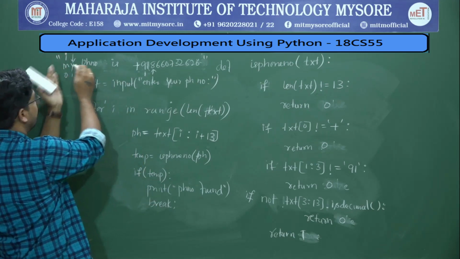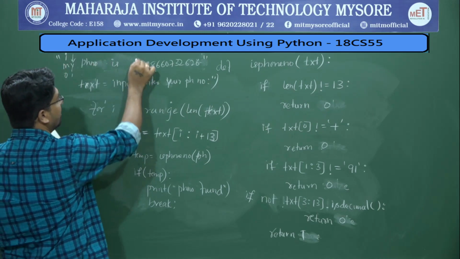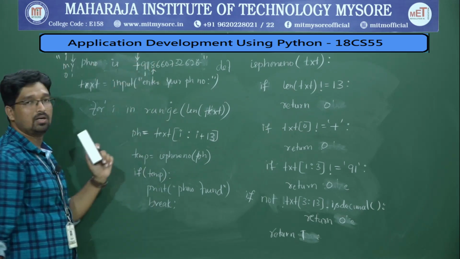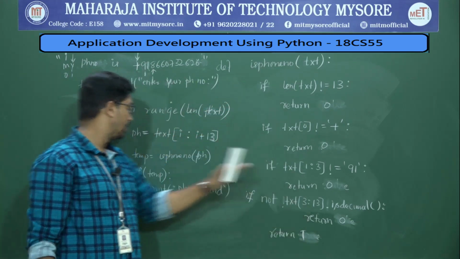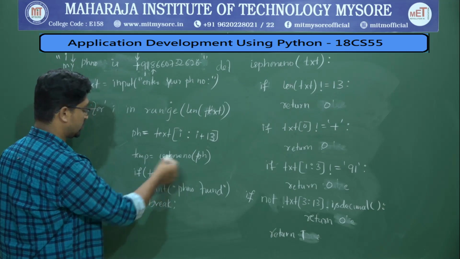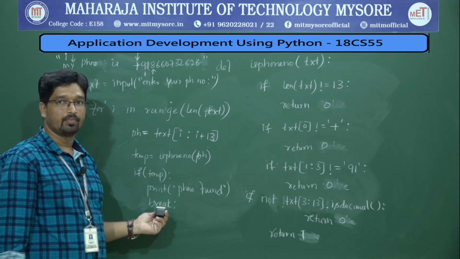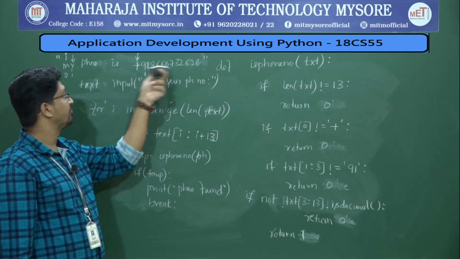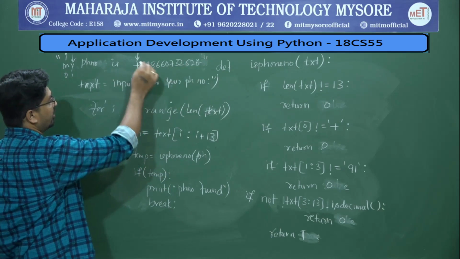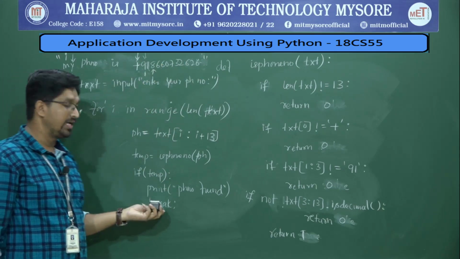Starting from the next character it will take 13 characters, starting from space, like that. When it comes to the plus symbol, the function will be called and it will return 1. So when 1 is stored, if of 1, phone number found, break. Immediately when the phone number is found, it will not check further, it will not shift from here. It will break.